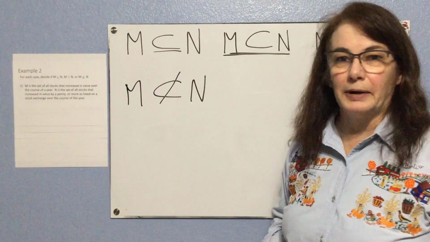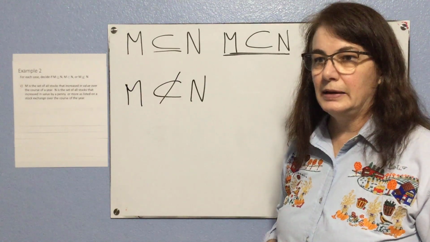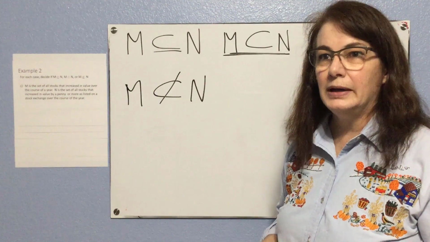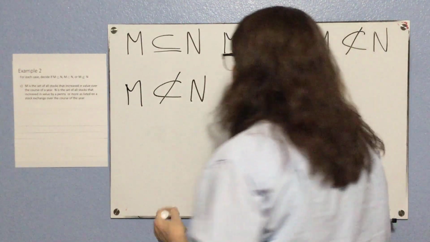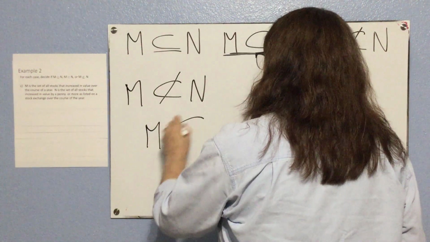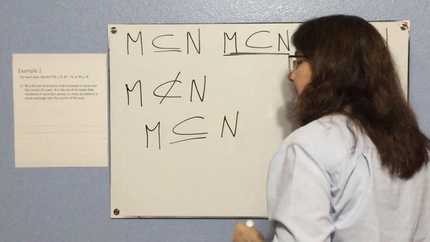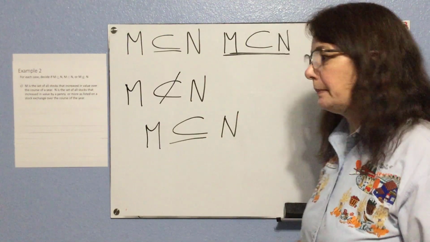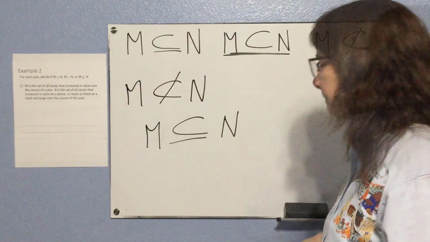Well, when we list the price of stocks, it is rounded off to the nearest penny. So if it increased in value, it increased by at least a penny. So all of the ones that increased in value would be included in the ones that increased by at least a penny. So this would fit that third situation.